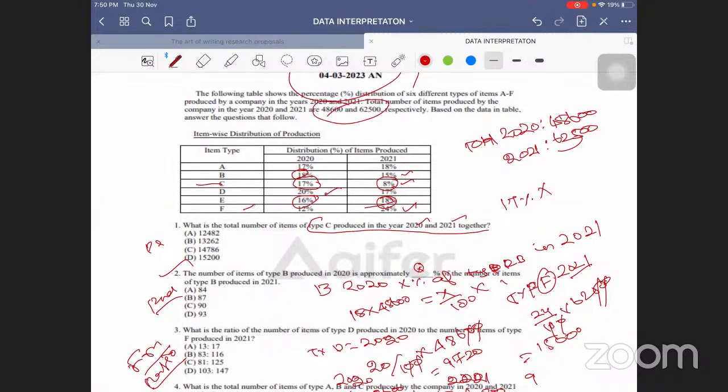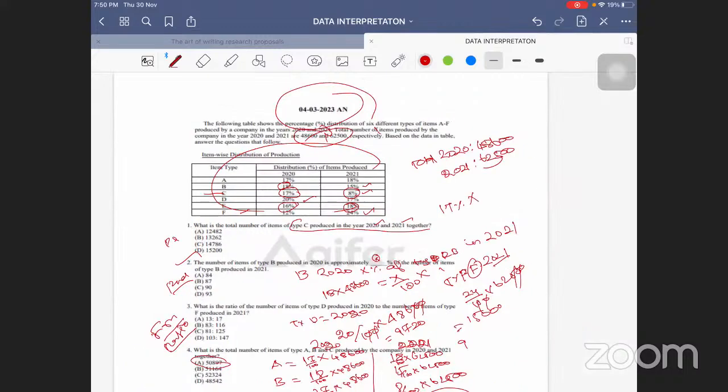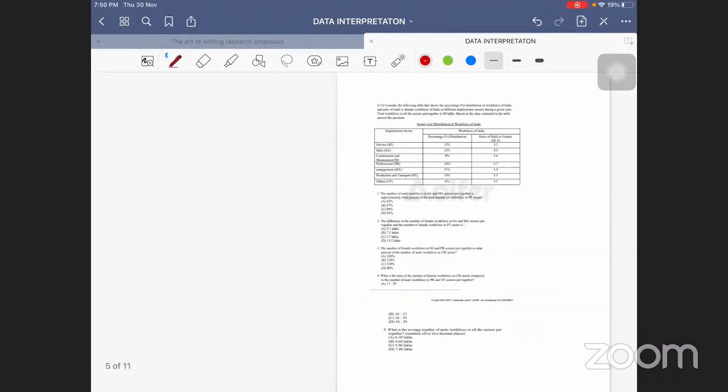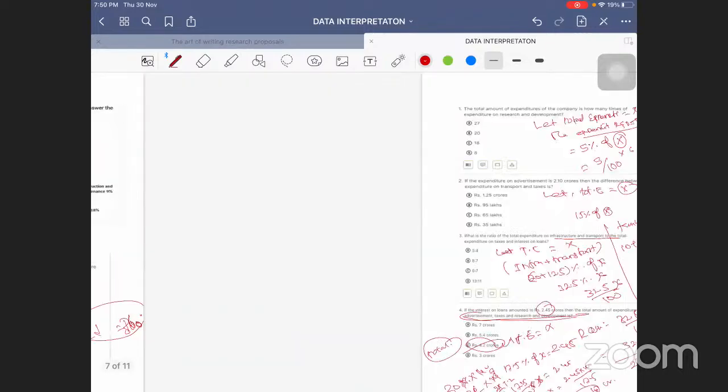Some sums give data in the question and also in a tabular column, so we use both data for the solution.